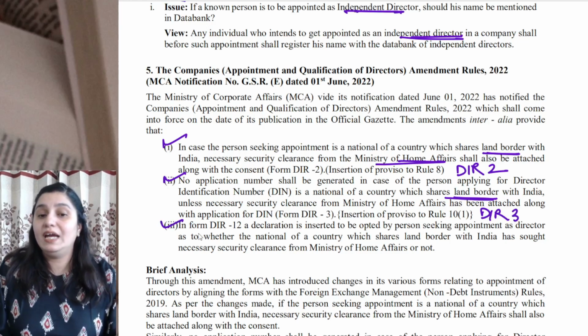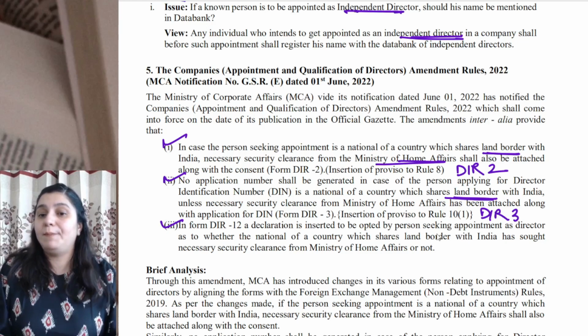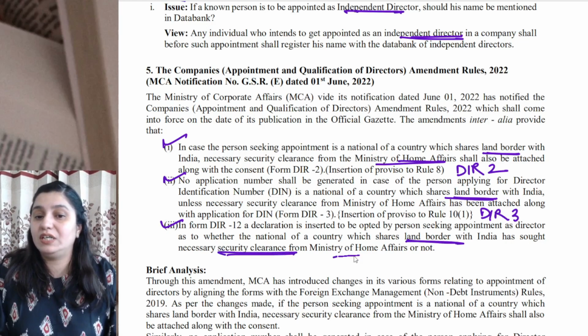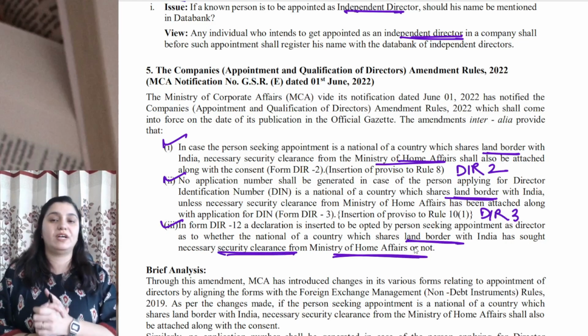And thirdly, in DIR 12 also a declaration is inserted to be opted by persons seeking appointment as director as to whether the national of a country which shares the land borders with India has sought necessary security clearance from the Ministry of Home Affairs or not.